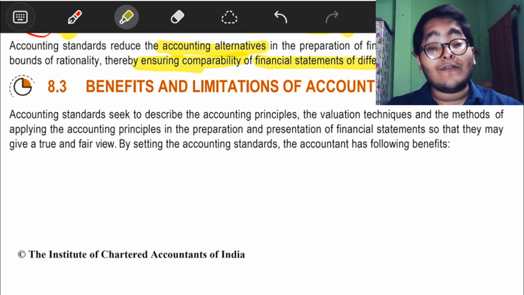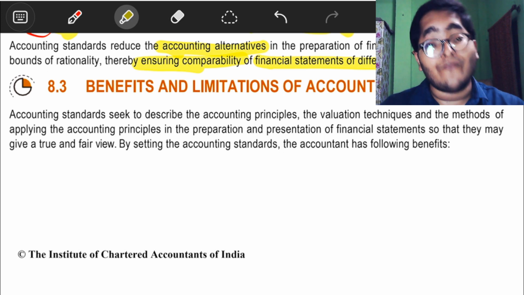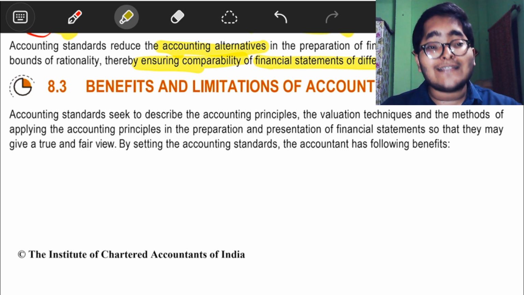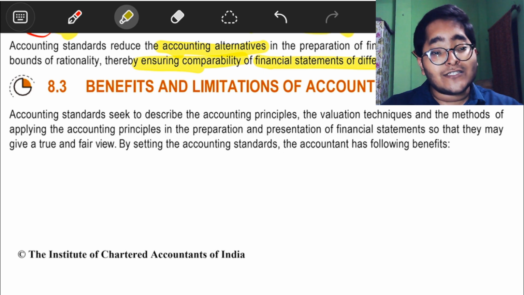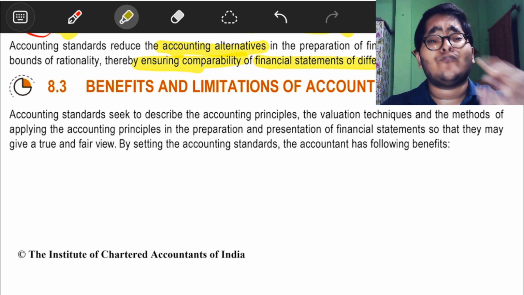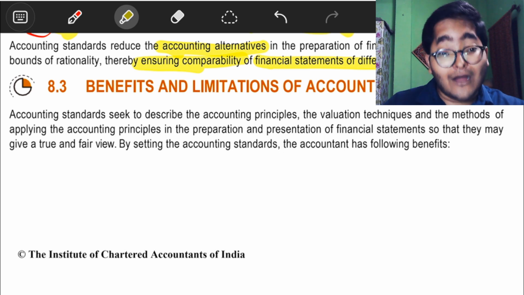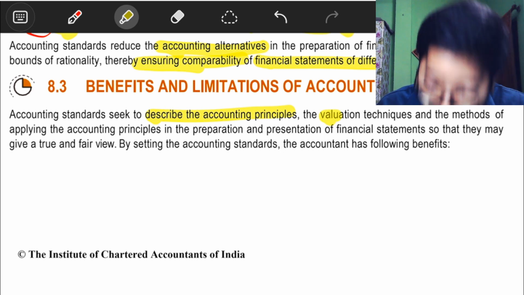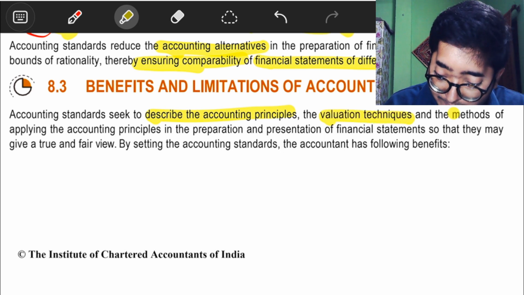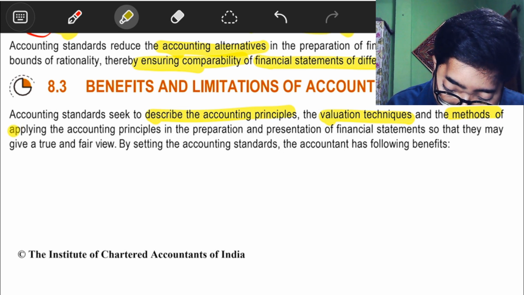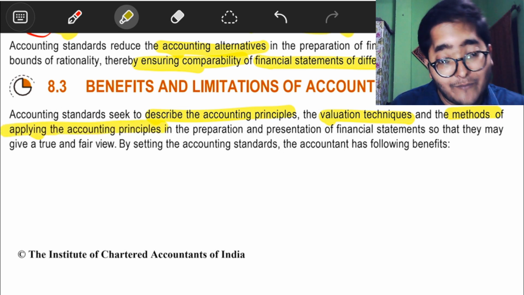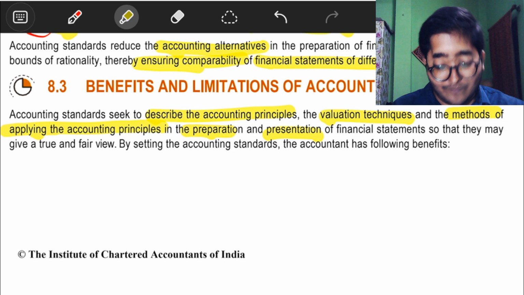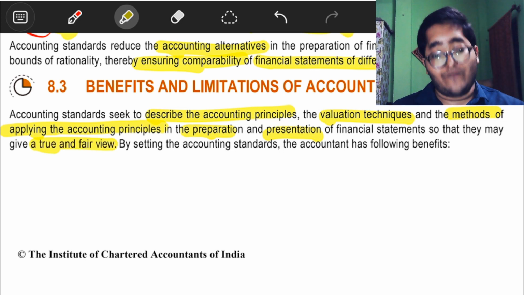Financial statements are always prepared to give a true and fair view of the business. एक फाइनेंशियल स्टेटमेंट प्रिपेयर किया जाता है ताकि वो बिजनेस का एक सच और फेयर व्यू दिखा पाए, एक ट्रू एंड फेयर व्यू दिखा पाए. अकाउंटिंग स्टैंडर्ड seek to describe the accounting principles, the valuation techniques, and the methods of applying the accounting principles in the preparation and presentation of financial statements so that it is able to give a true and fair view.